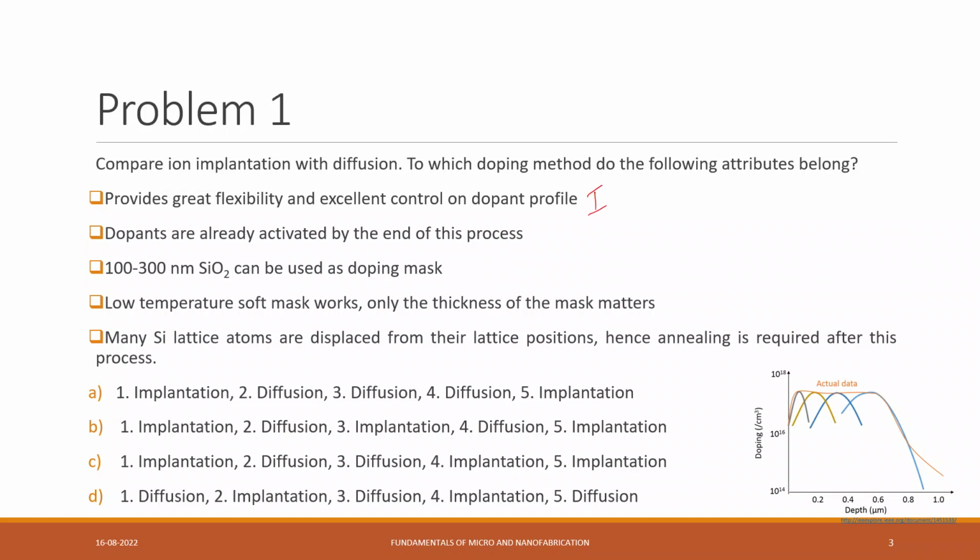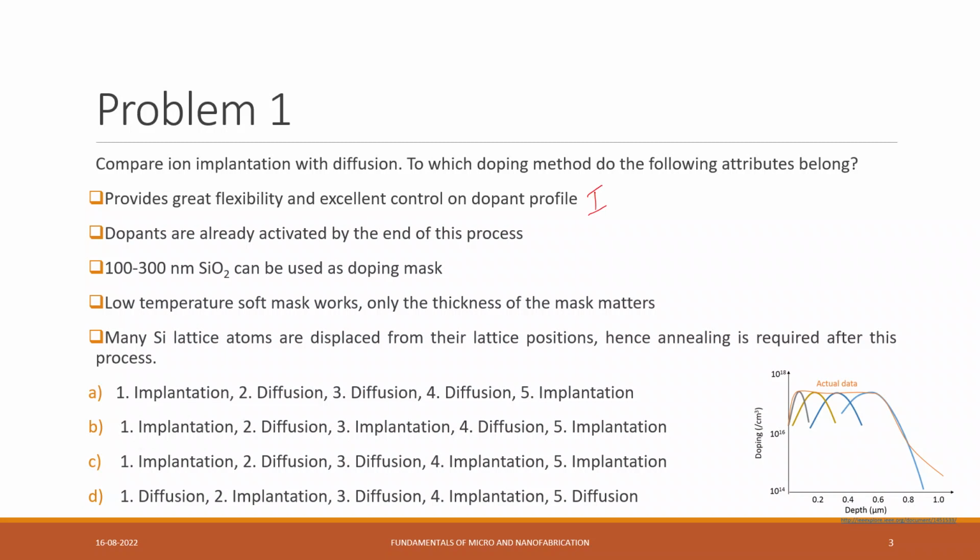The second one is dopants are already activated by the end of this process. Both of you are saying diffusion. So yeah, it's correct. Diffusion is done at a higher temperature, and the dopants usually sit at the substitutional positions so that they can bond with the neighboring atoms.